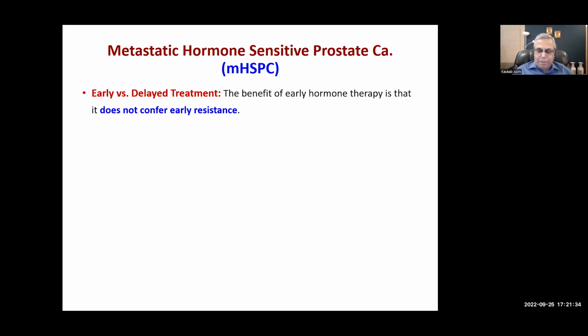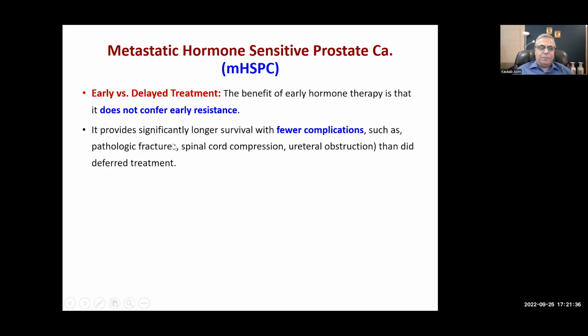That is why early treatment is recommended. And not only that, the early treatment provides significantly longer survival with fewer complications, such as pathologic fractures, spinal cord compression, ureteral obstruction, than did deferred treatment or holding the treatment, right?